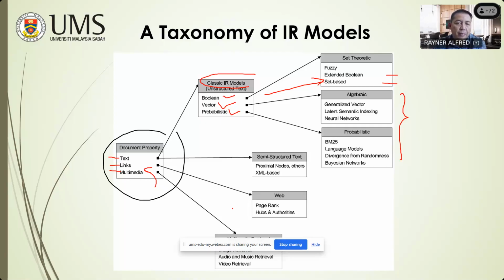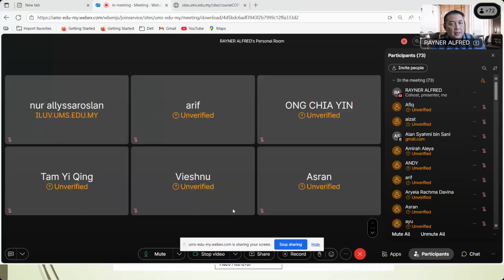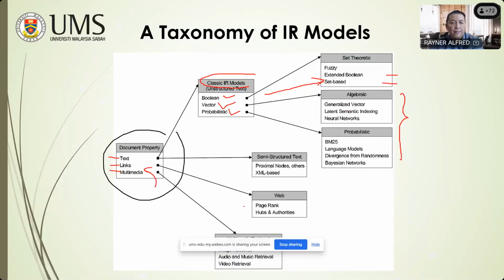But once you complete this course, then you will have better understanding on how ChatGPT works. So we will go into this direction. This is just telling you there are so many methods.